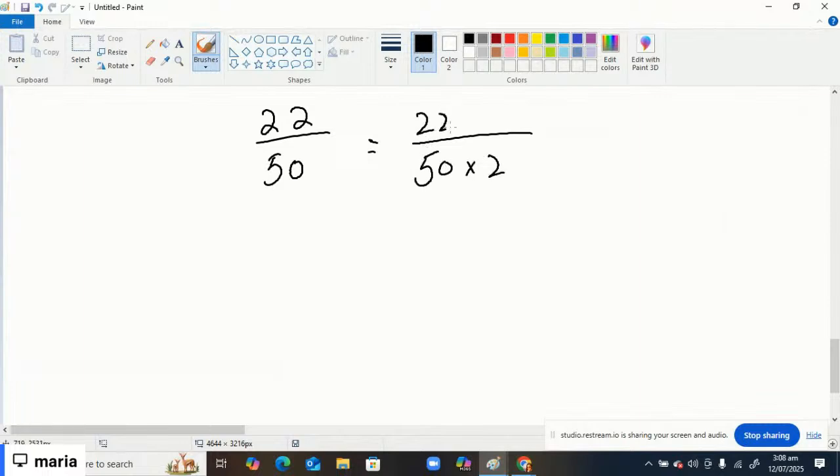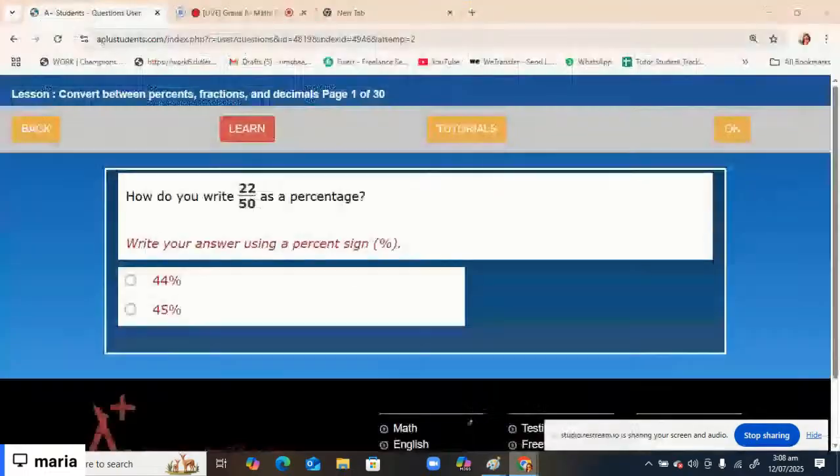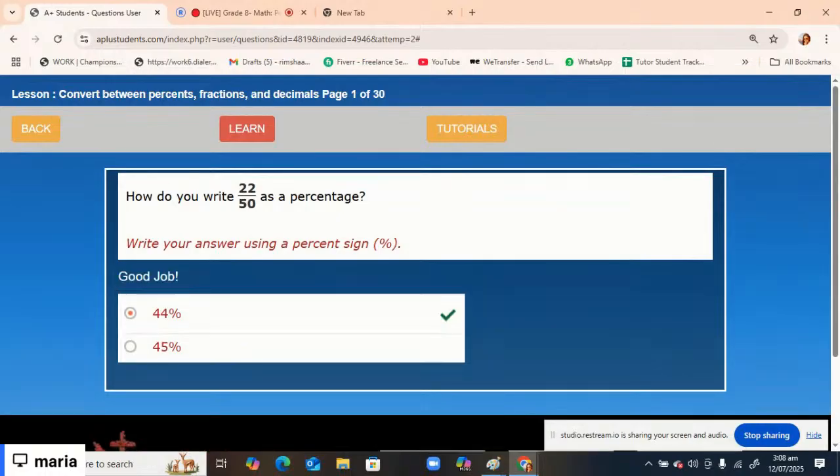So we multiply and divide both the numbers by 2. 22 times 2 is 44 over 50 times 2 is 100. Now this is 44%, and in the form of a decimal, this is 0.44. So this is 44%, and this is the right answer.